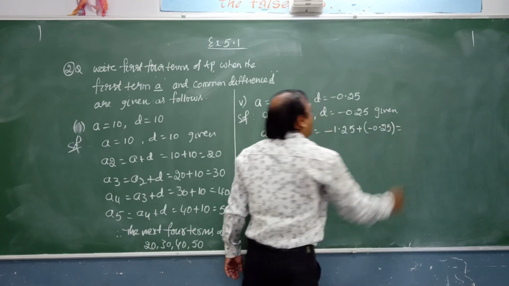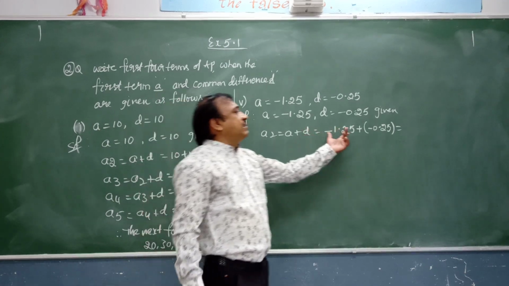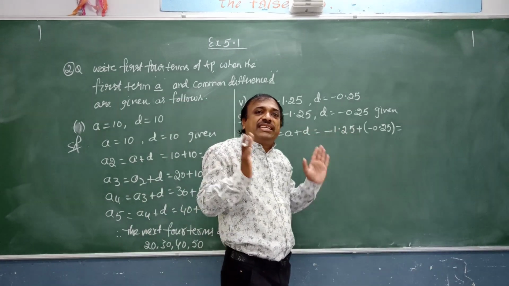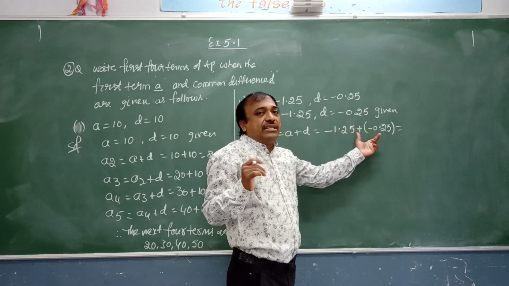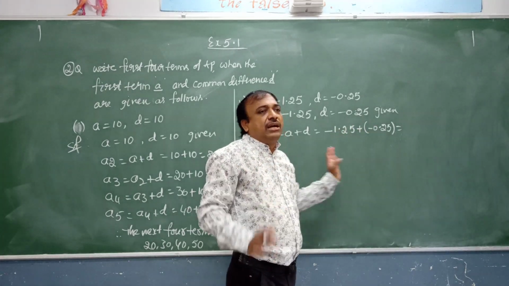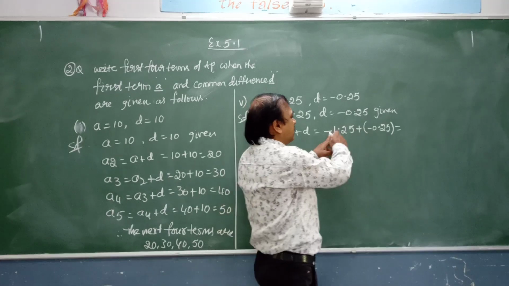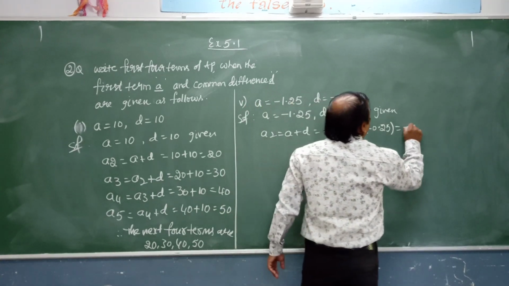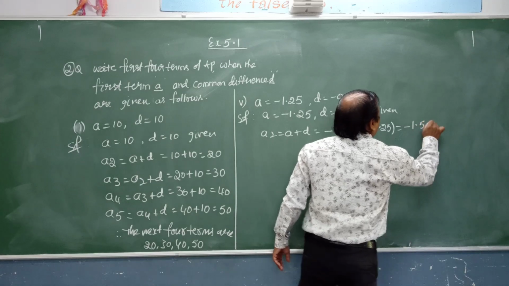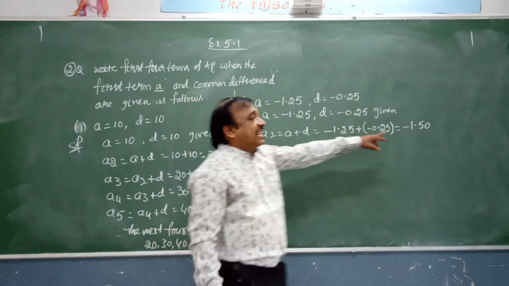Remember here, both are minus. When we add negative integers, ignore the negative sign first, add just like whole numbers and put the minus sign. Minus 1.25 plus minus 0.25 will give you minus 1.50. This is the second term.